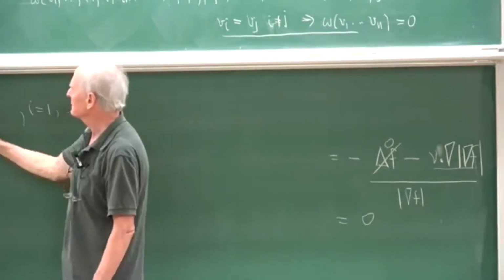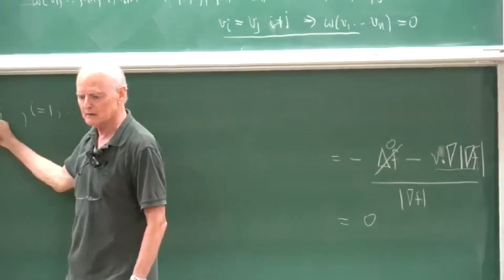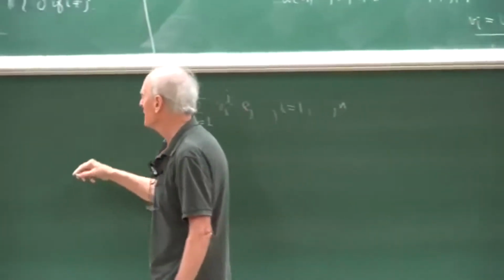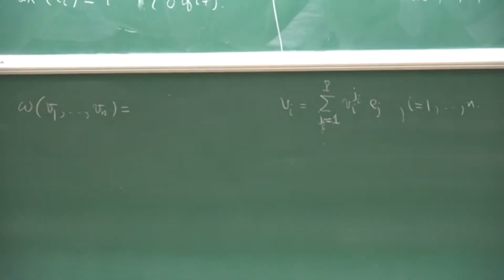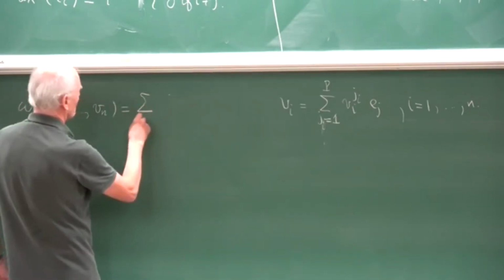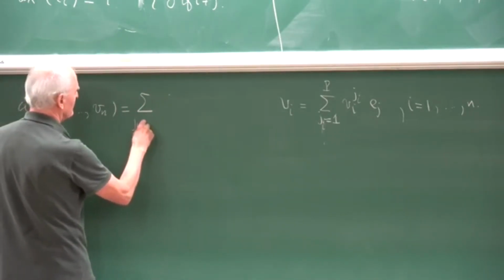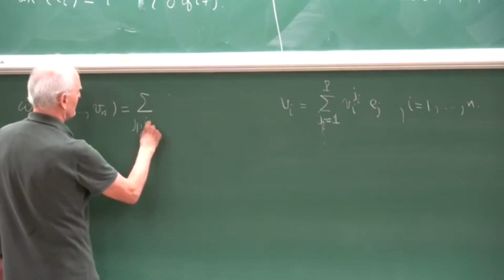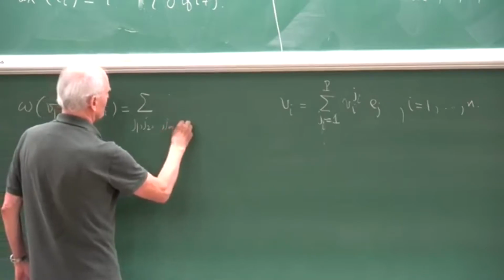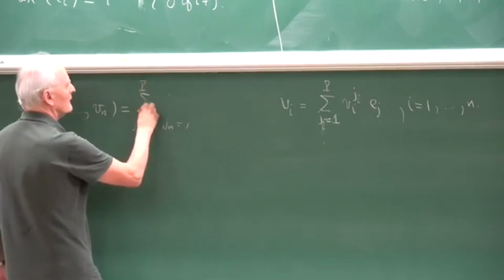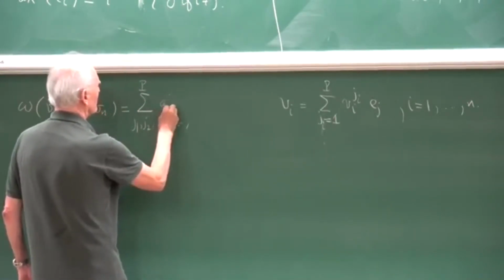So let's agree to write these out in terms of their standard basis vectors. Then this becomes a humongous sum with p to the n terms. It's the sum over all indices j1, j2, up to jn between 1 and p of omega.